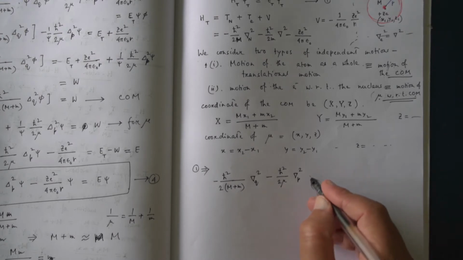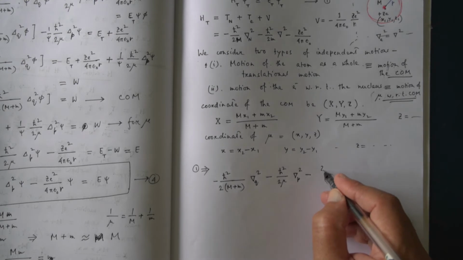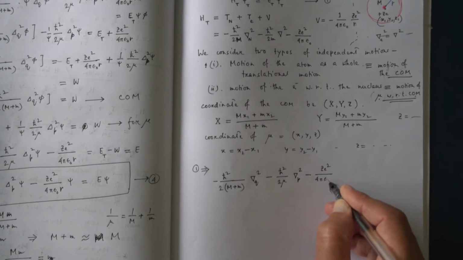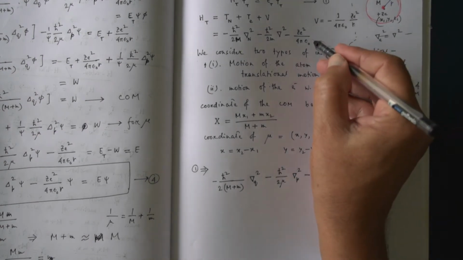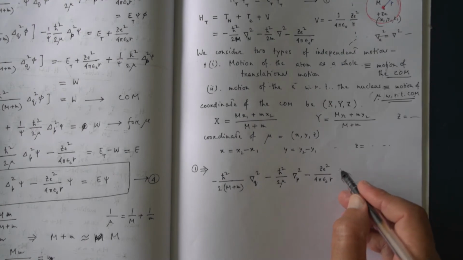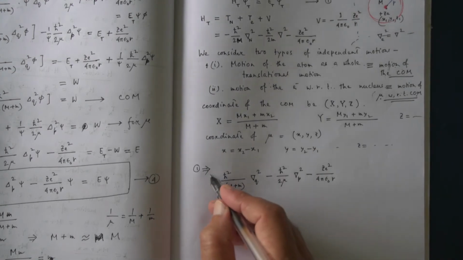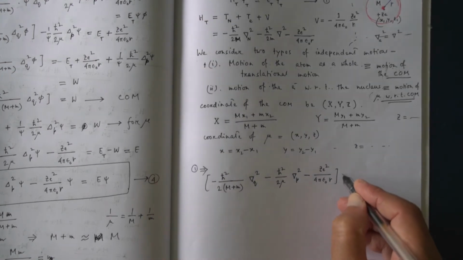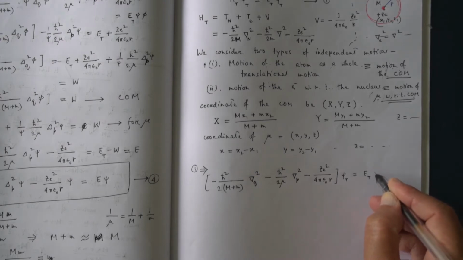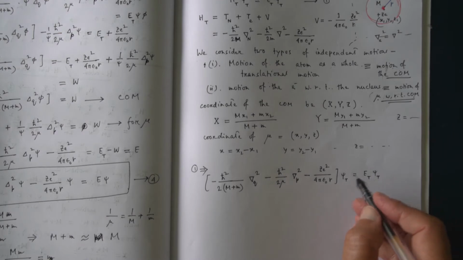Then we have the potential energy. What is the potential energy? Potential energy equals Z e square by 4 pi epsilon naught r. Then H equals this. Then we have H psi equals E psi.